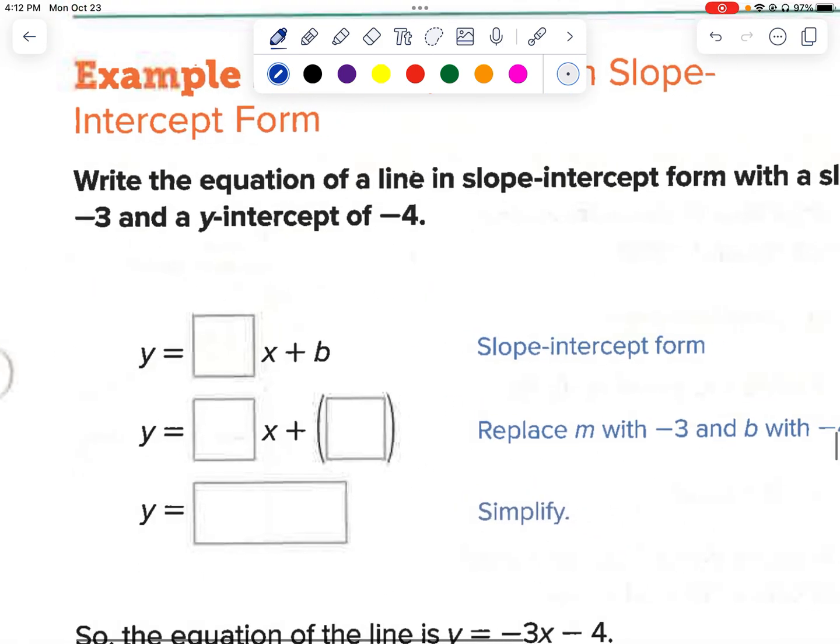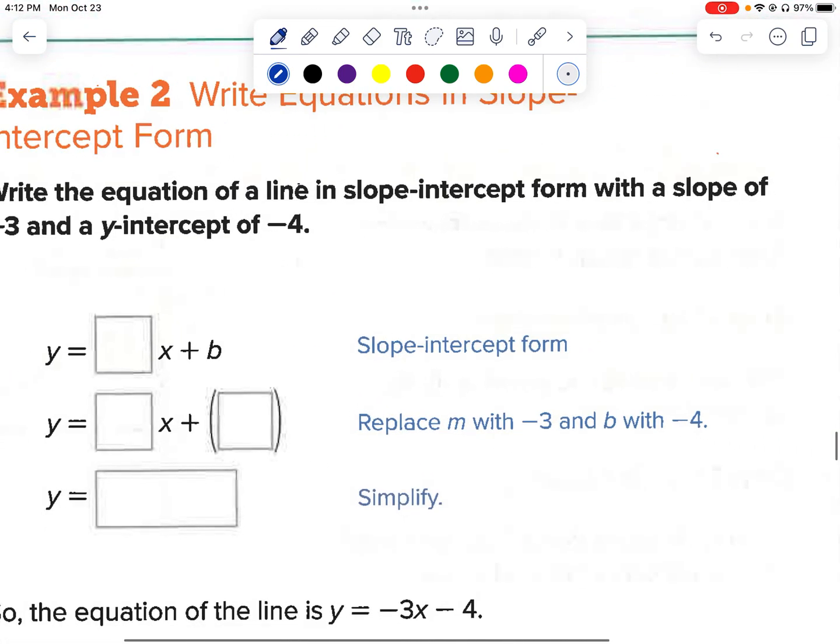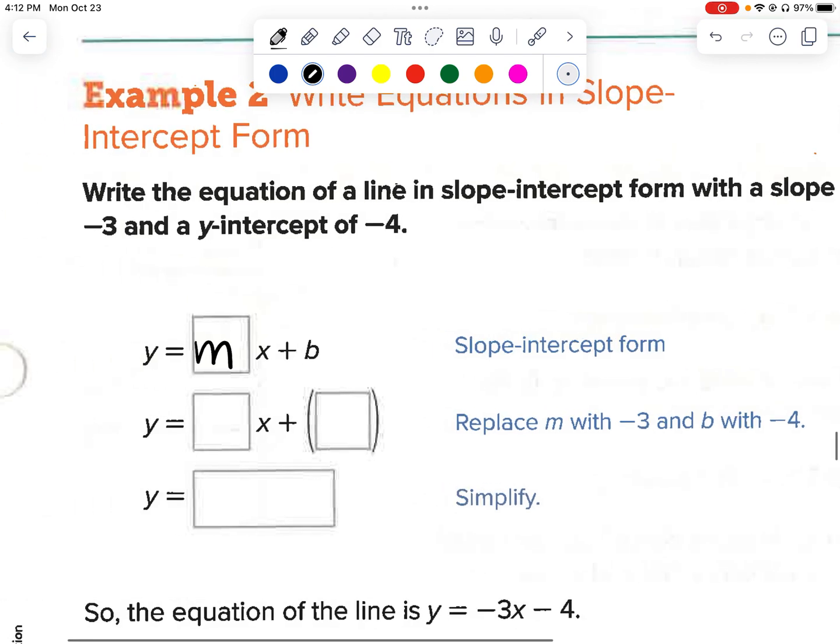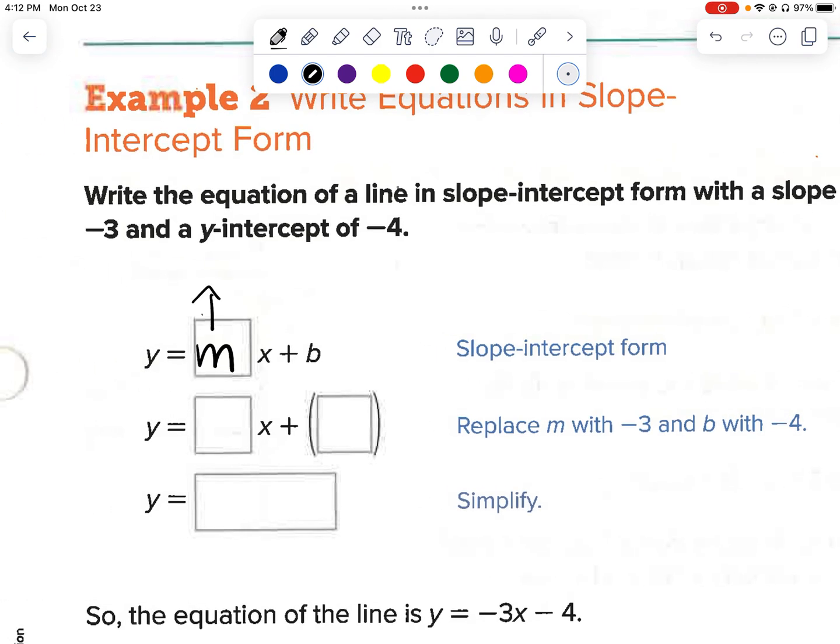Okay, it's telling me, remember, I'll write it here, y equals, they're already doing it for me, what I was going to write. Y equals mx plus b. Remembering, this is my slope, this is my y-intercept.